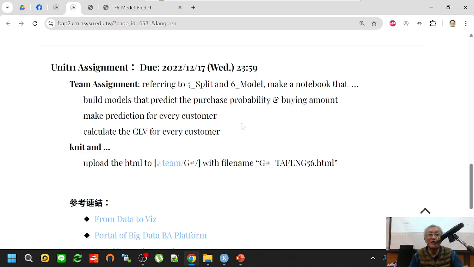I would suggest you reuse the name B, so the code is easier, and then you upload the HTML to here, right? Okay, got it. So you are basically halfway done with your final.